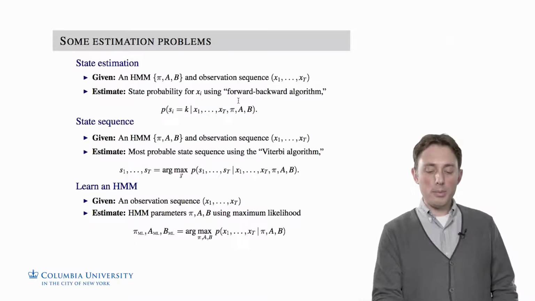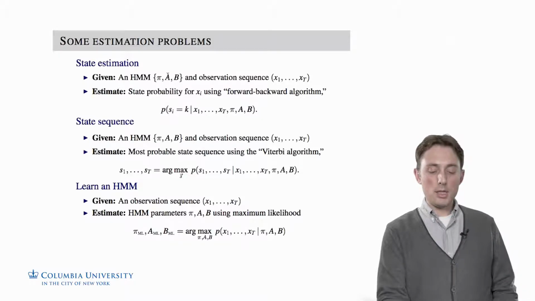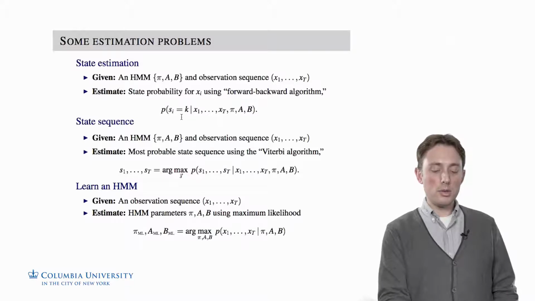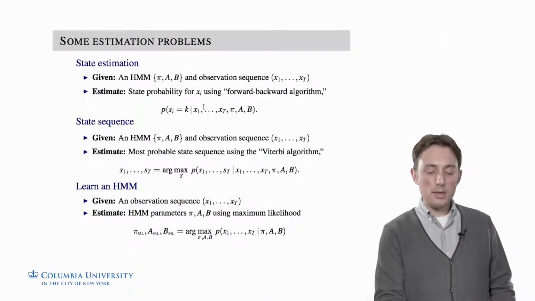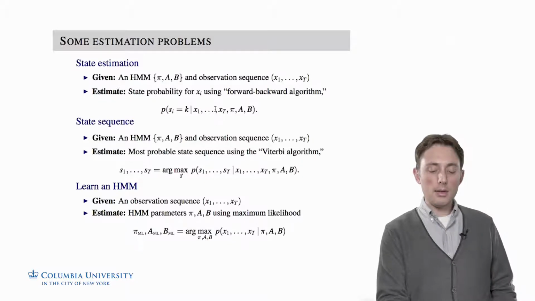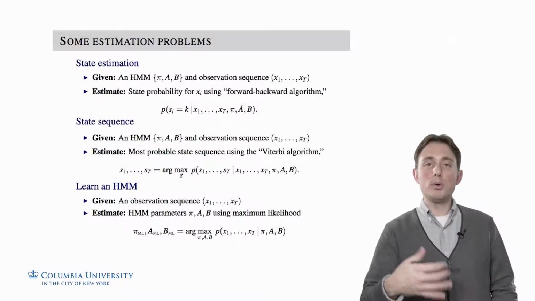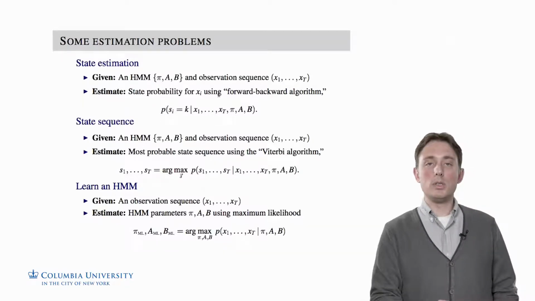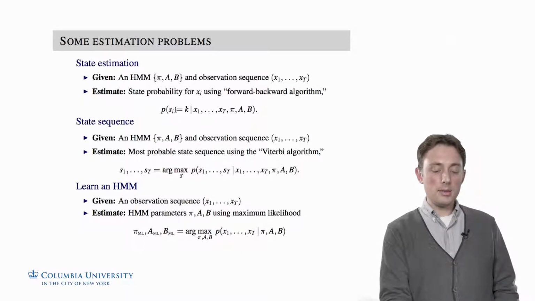We use the forward-backward algorithm, which takes in the HMM parameters and a sequence, and what we can get out of it is the conditional posterior probability of being in state k at time i, given the entire sequence and given the HMM. So one of the outputs of the forward-backward algorithm is this conditional posterior probability for any time point, for any i and any k.